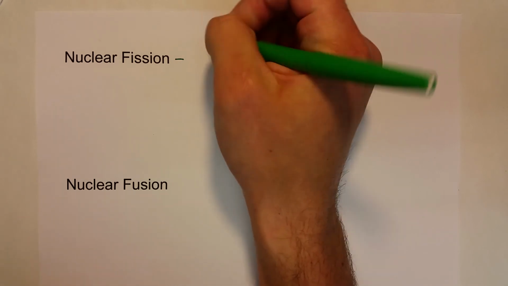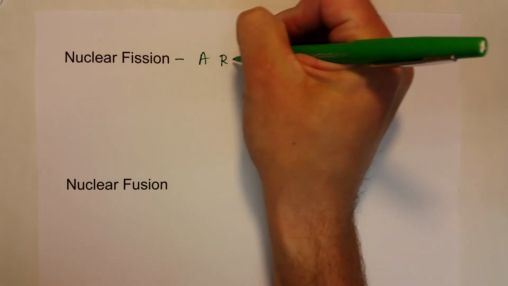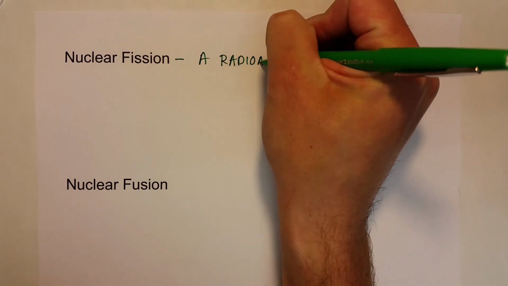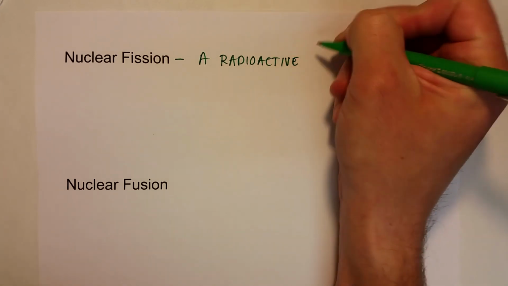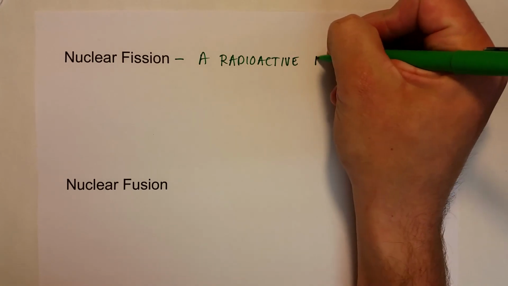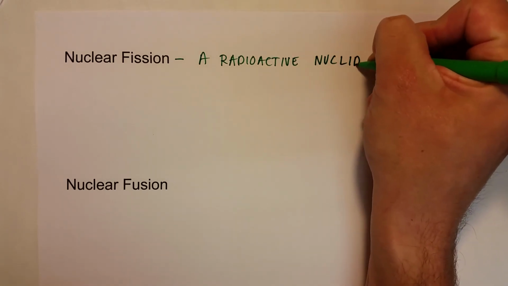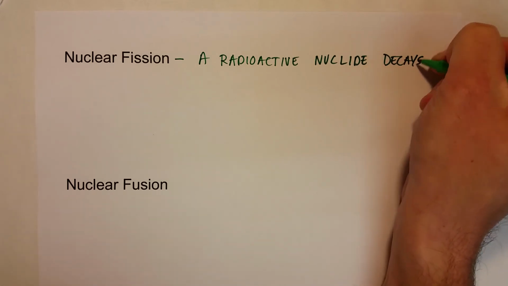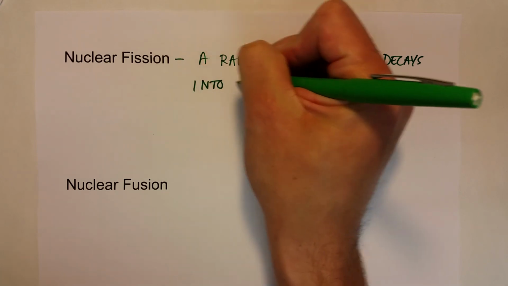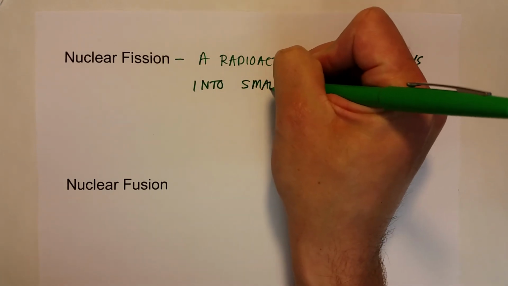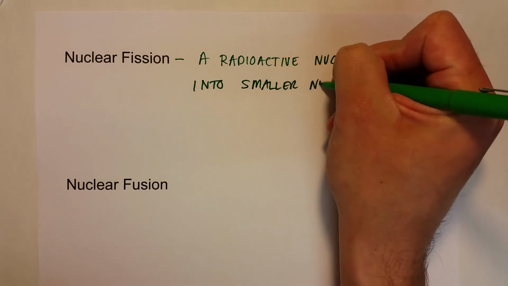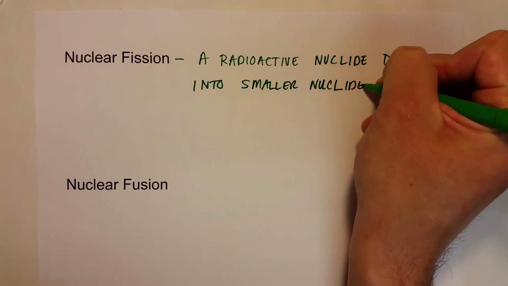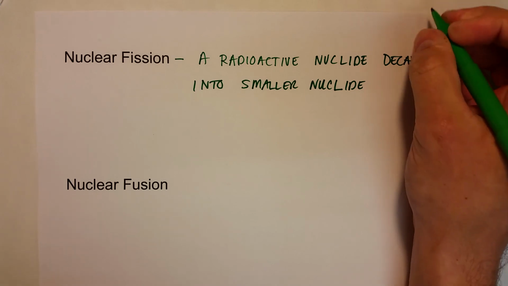A nuclear fission, think fissure, is when a radioactive isotope or nuclide breaks down or decays into smaller nuclides and of course emits some type of radiation.